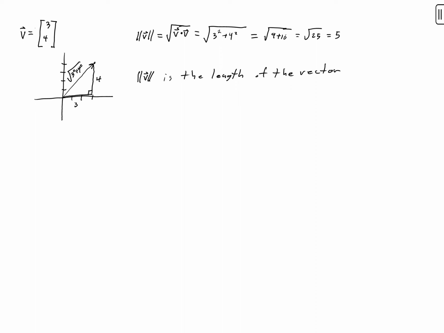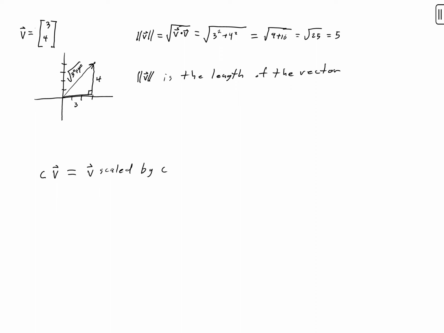So if I think about taking a vector and multiplying by a constant, whatever that constant is, I can think about it as changing the length, but not the direction. So this vector is v scaled by c.